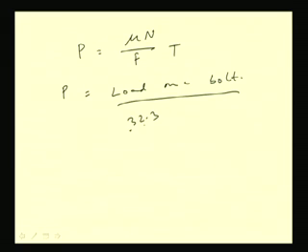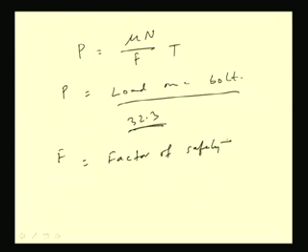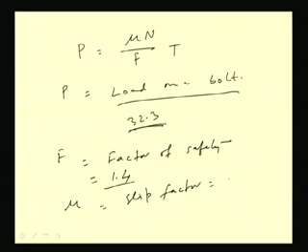So, 32.3 kilonewton is the P, and F, in case of bolt, is the factor of safety, and we generally take in case of bolted connection this as 1.4. And mu is nothing but the slip factor, which we consider as 0.45 unless it is mentioned.